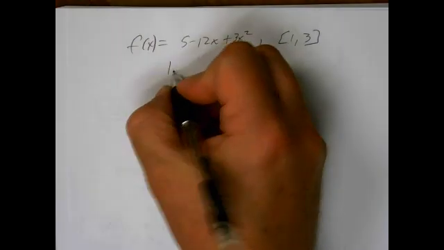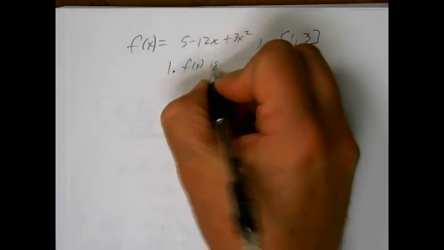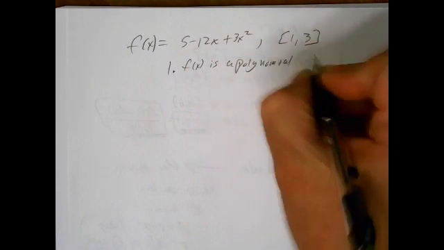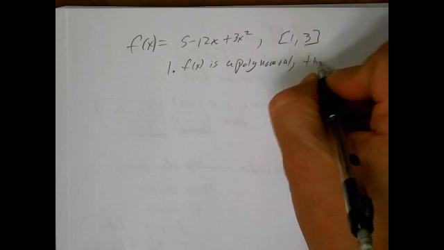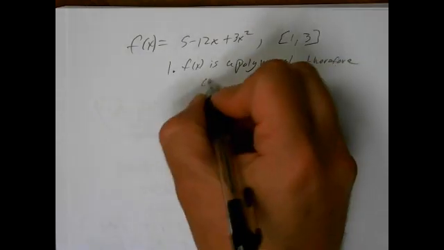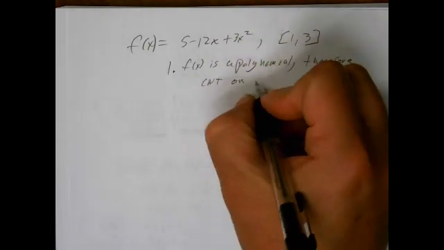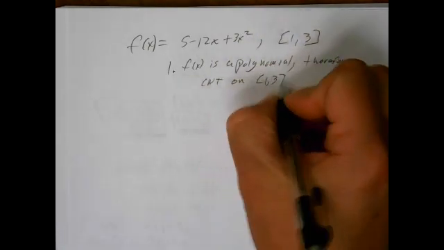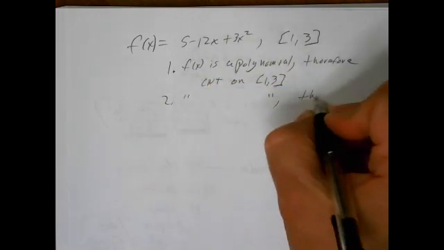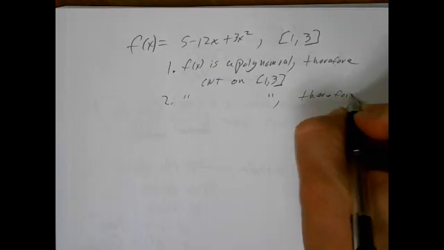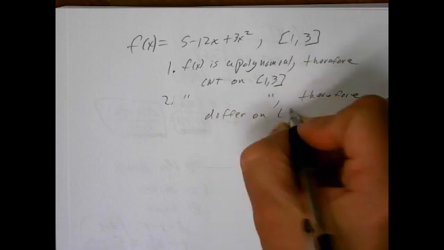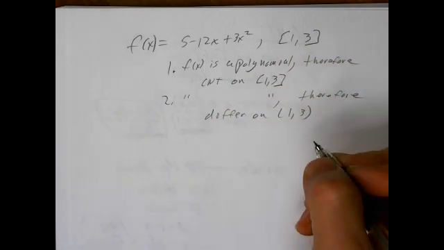Number one, f of x is a polynomial. Therefore, it is continuous on the closed interval. Also, f of x is a polynomial. Therefore, differentiable on the open interval.